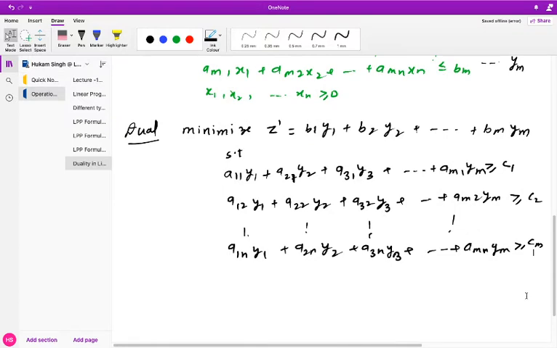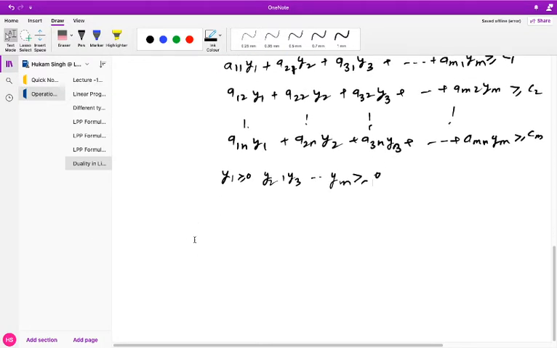And last, the non-negativity constraints: y1, y2, y3, dot dot ym are all going to be greater than or equal to 0. So this is the corresponding dual. Now understand how we can convert a given LPP into its dual by taking some examples.